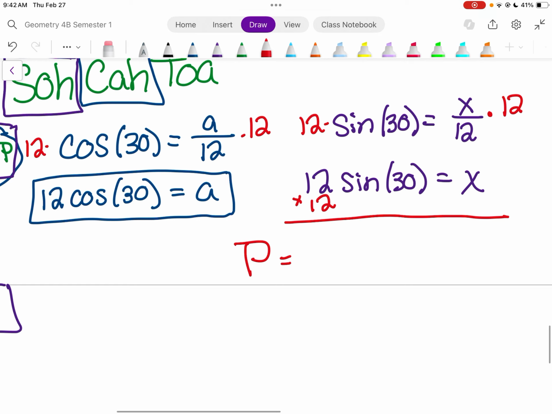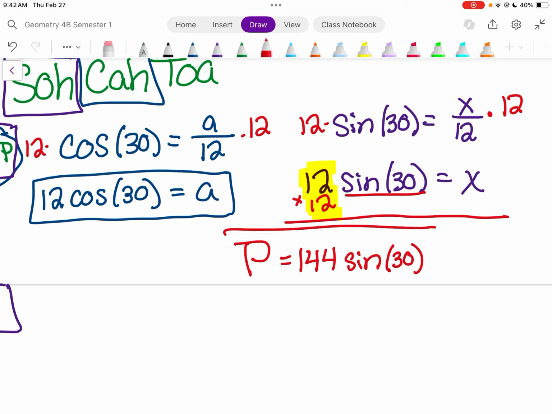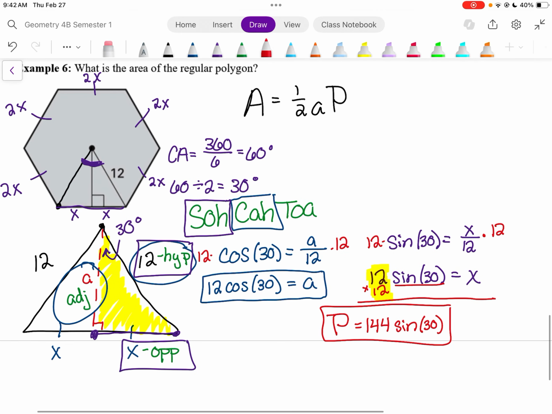We still want an exact answer, so you only multiply the number in front of sine times that 12. That gives us the perimeter of 144, and the sine of 30 just stays the same. Now we have an exact answer for our perimeter and an exact answer for our apothem.